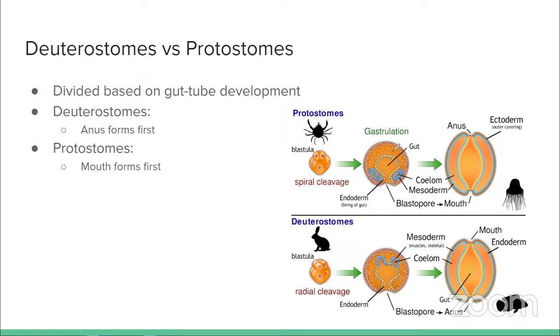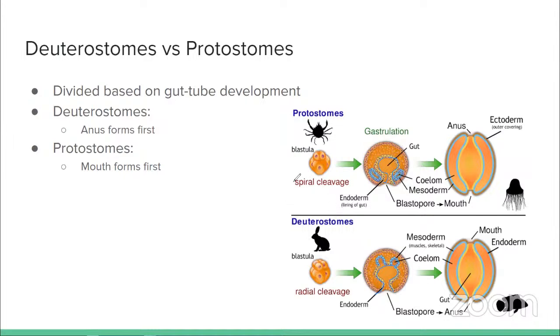You can see here the gut forming in both of these as this hollow part in the center. And we have different specialized cell types that form in layers around this that eventually give rise to specific parts of your body, specific types of tissue.